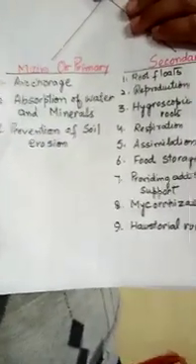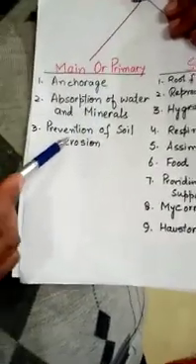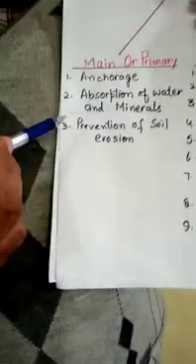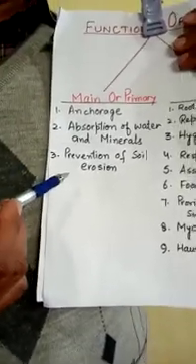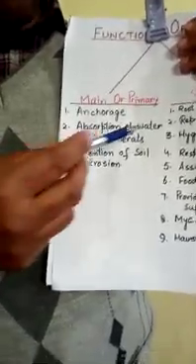Number third, they help in the prevention of soil erosion. As we know, the soil particles are loosely arranged. They are easily carried away by water and wind. So these roots protect them from being carried away by various agents.